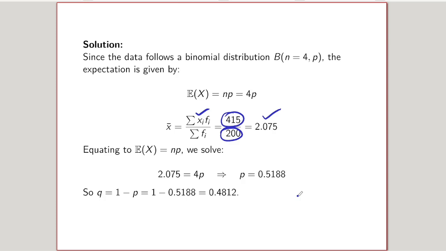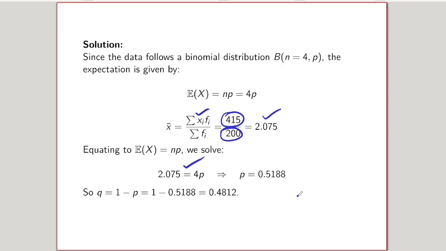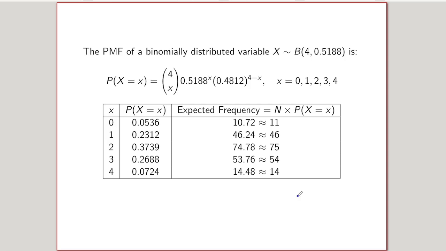And if we equate that to np, note that it goes from 0 up to 4, so the n value is clearly 4. Equating to 4, we get the probability value as 0.5188. So the q value will be 0.4812. Now after that we have to write our PMF function.